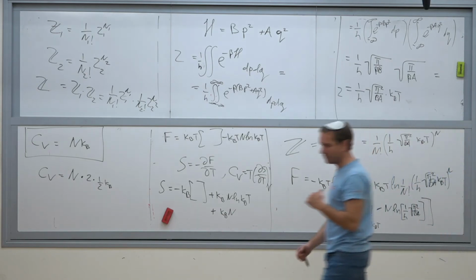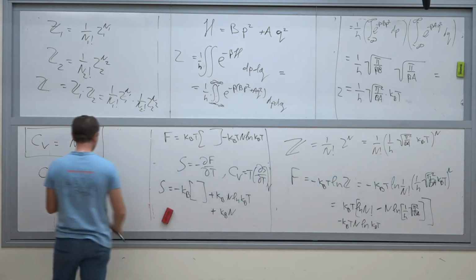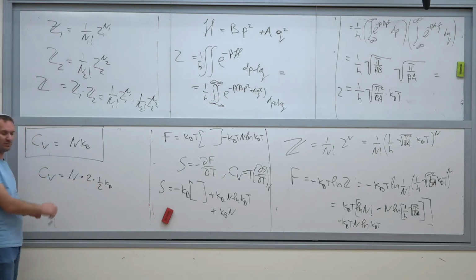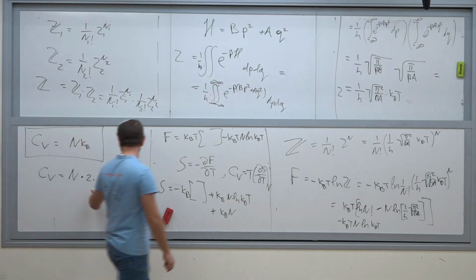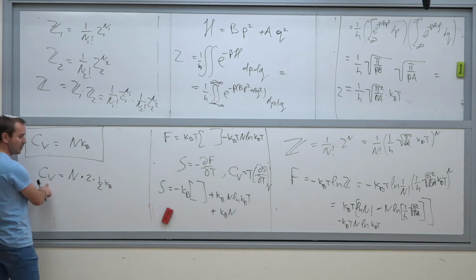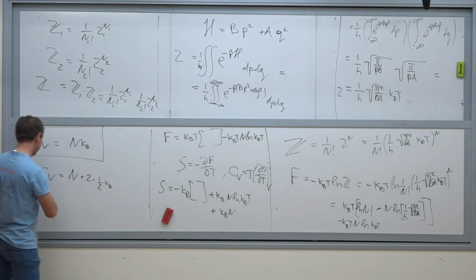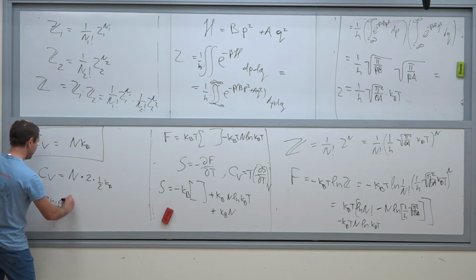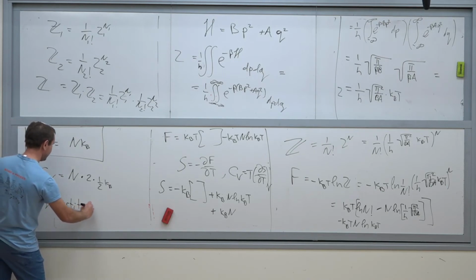Each of them contributed 1/2 k Boltzmann. In total, I had just k Boltzmann, and I multiplied it by all the different molecules that I have in the system. So this is this behavior of the heat capacity, what is called the equipartition theorem.